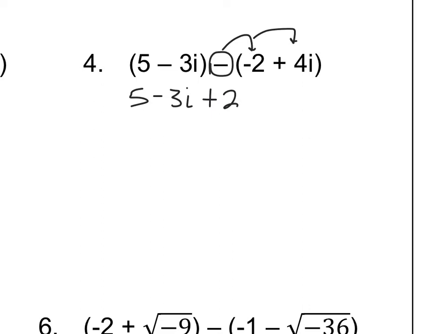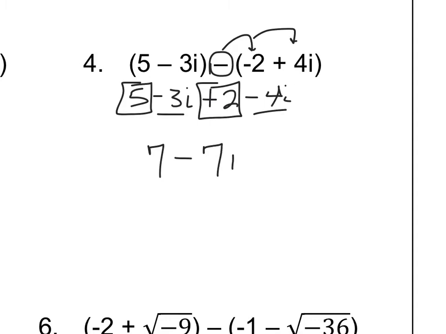And negative 1 times positive 4 is negative 4i. Now I can combine my like terms. 5 and 2 is 7. Negative 3i and negative 4i is negative 7i. And that is my answer.